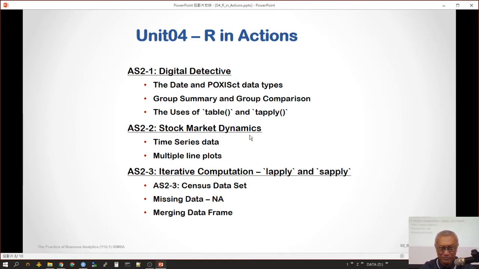Now in the second case, we will do some time series data because it's the long-term stock price. We also learn how to use line plots, multiple line plots actually. And then the last thing is actually, well, I kind of did it wrong.